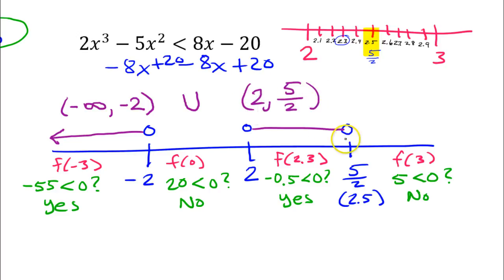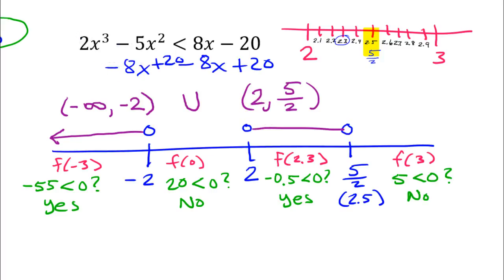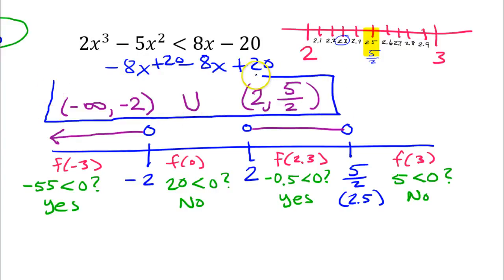Again, parentheses for the same reason as the open circle, endpoints not included. And that's it. Maybe I'll put a box around this to emphasize that this is the final answer. And that's how you solve a polynomial inequality.